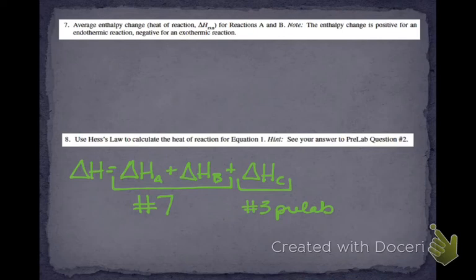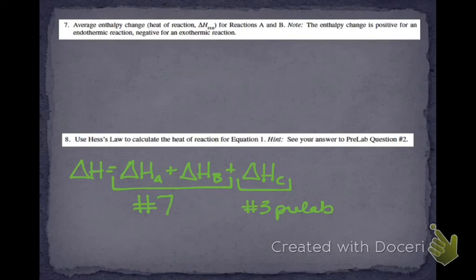Now, in order to calculate that overall reaction, you have to look at the equations, and you had to manipulate those equations, and that was part of the pre-lab question. So you're going to need to kind of focus back on those to determine this delta H. I don't want to give you too much information because I want you to try to use what knowledge you have of Hess's law and the calculations that we did back in that thermodynamics unit, to kind of focus those thoughts on how to calculate your delta H of reaction here.